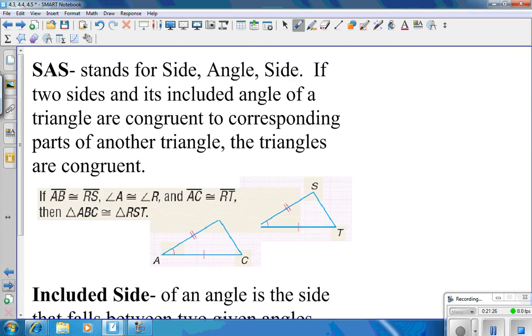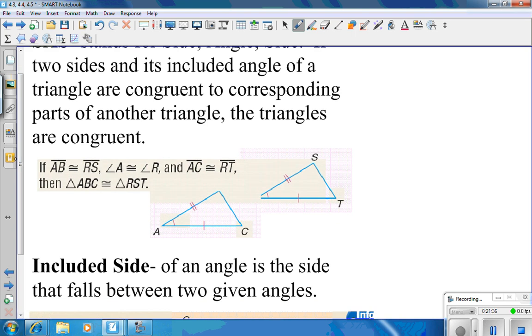All right, so in the theorem of side, angle, side, the side, an included angle, and a side. So if I'm given two triangles, and I'm given a side, the included angle, so the angle that connects that side and the next side, and I get the same thing over here, matching side, that included angle, matching other side.